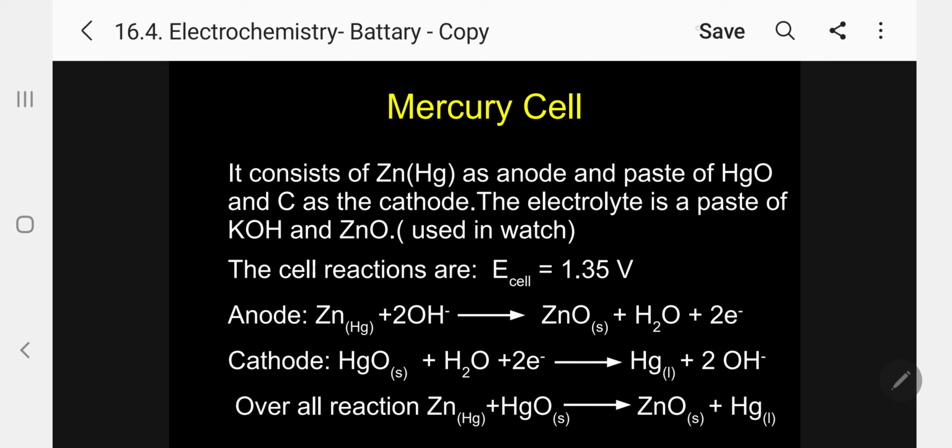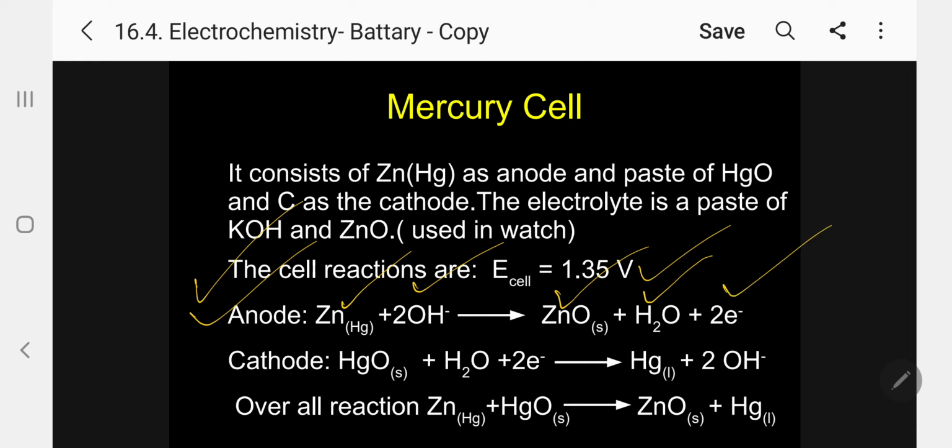The most important thing: what are the cell reactions? Here the E cell of this cell is 1.35 volt. At the anode, amalgamated zinc reacts with OH minus to produce zinc oxide, water, and electrons are produced.